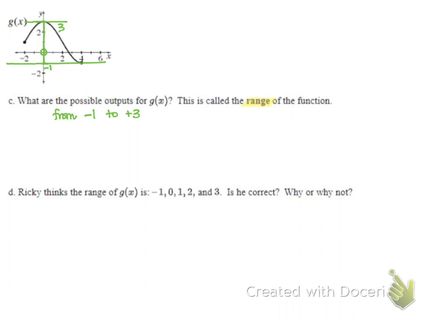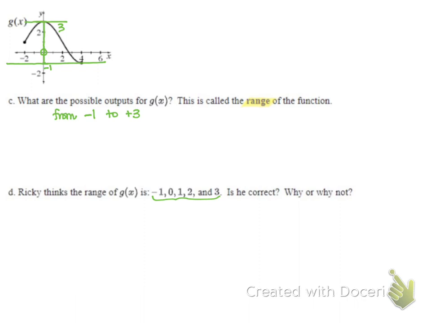Okay, Ricky thinks that the range of the graph is all of those things, -1, 0, 1, 2, and 3. Is he correct? Why or why not? Well, I don't think so. I think Ricky's missing some things here. If we go from -1 to +3, we have all of the decimals and all of the fractions between those numbers. But if you look here, Ricky doesn't have any decimals or fractions.